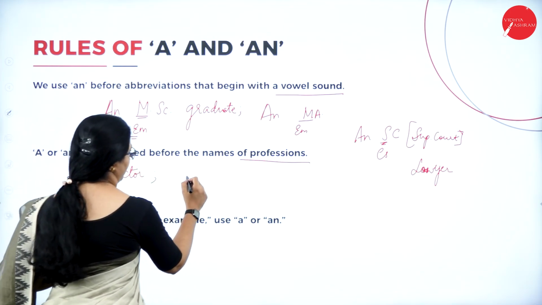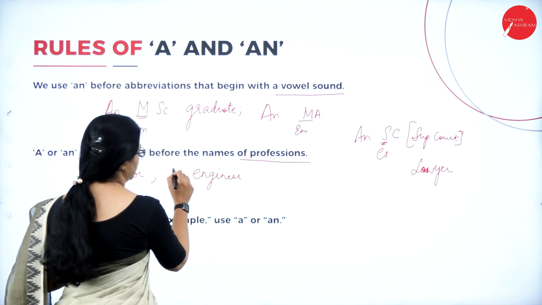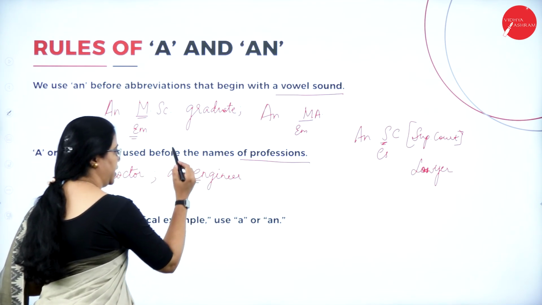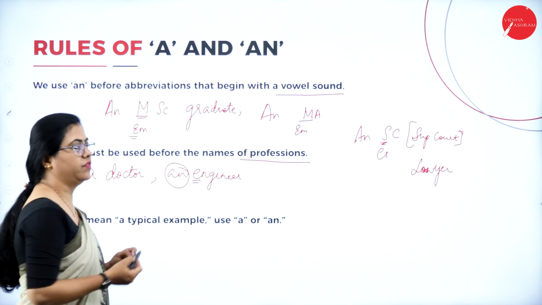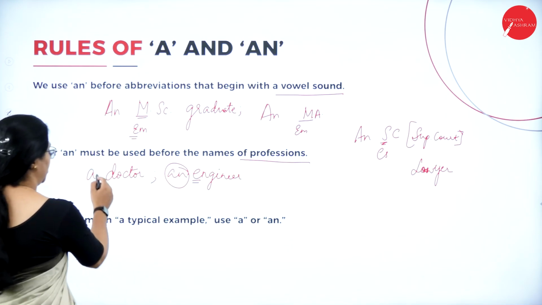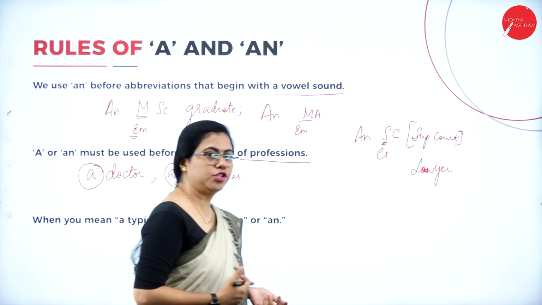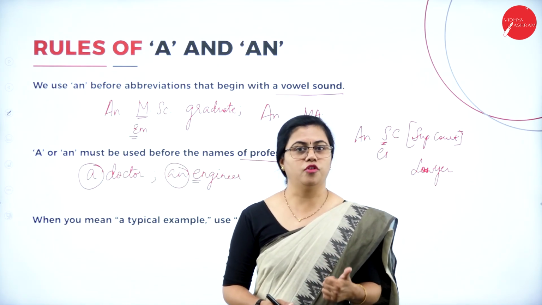Suppose I say engineer, you use an engineer. Whenever the profession begins with a vowel sound, you make use of the indefinite article an. If not, you use a. If it is a consonant sound, you use a. If it is a vowel sound, you use an.